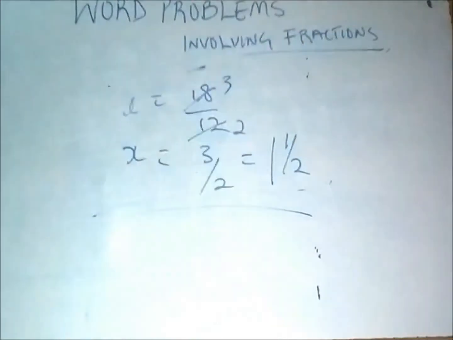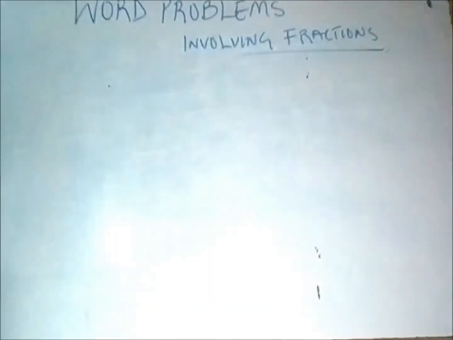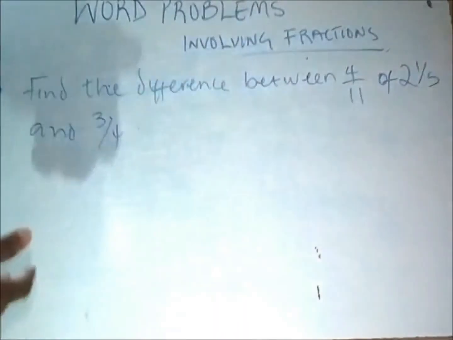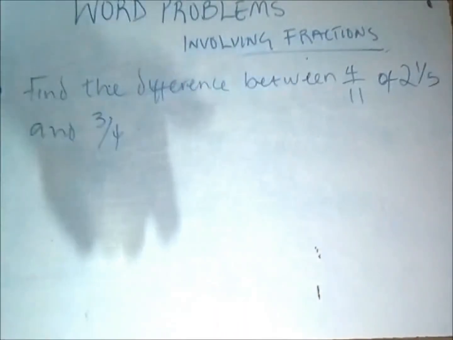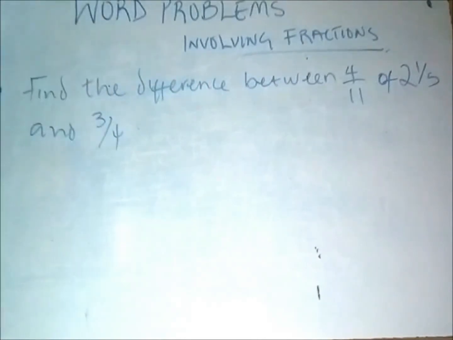Let me show you something else. This is another example, a simple one, just for you to interpret. How will you interpret the statement when they say find the difference between 4/11 of 2 1/5 and 3/4?